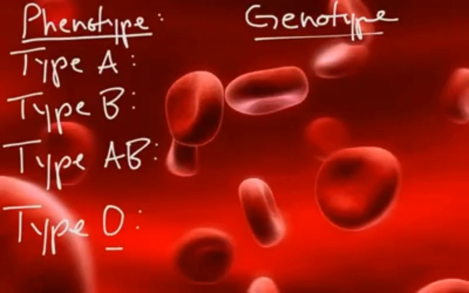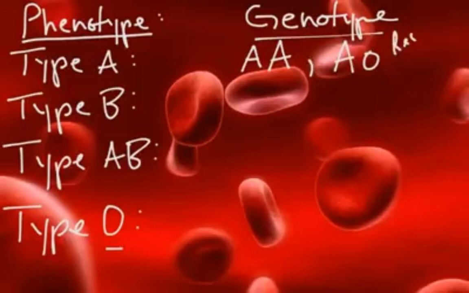And so there are two different ways we can be type A. We can be homozygous for type A, and that'll have type A blood. Or we could be heterozygous with an A and an O, and the O is going to be recessive, and so it is going to be covered up by the dominant, which is A.